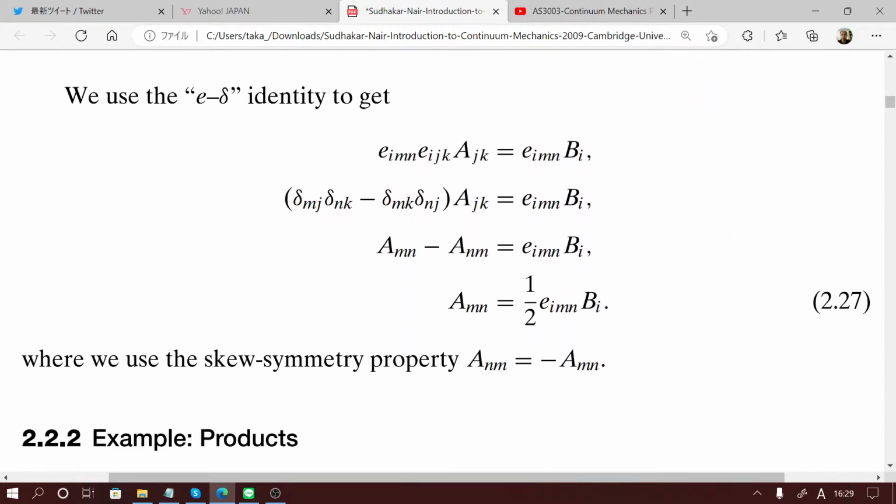Use the epsilon-delta identity to get, where we use the skew symmetry property Anm equals minus Amn.